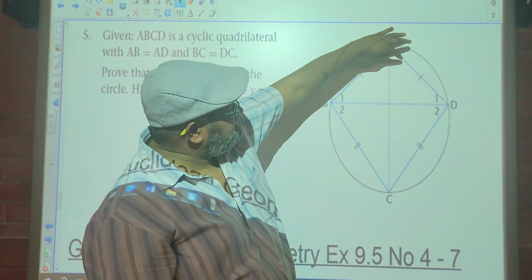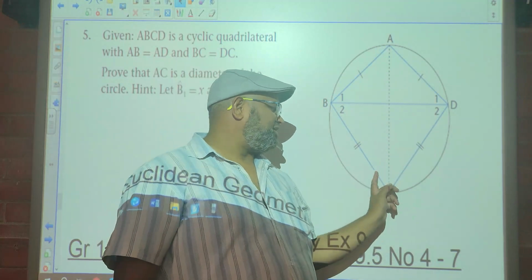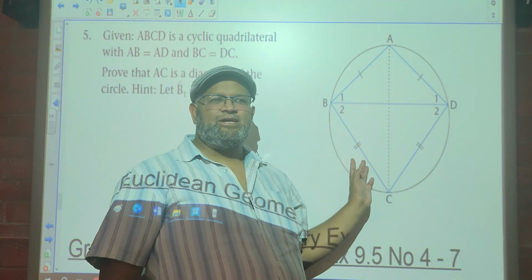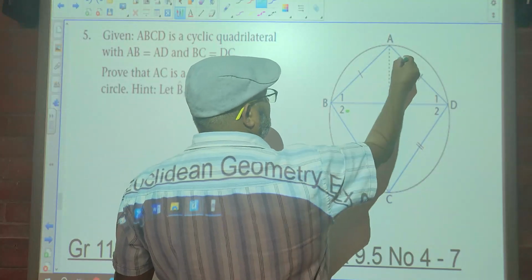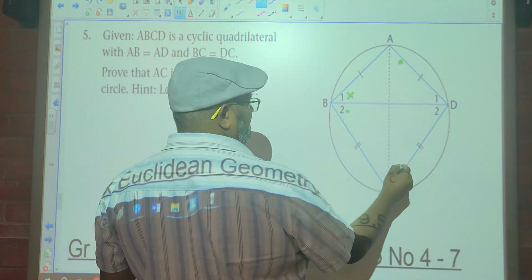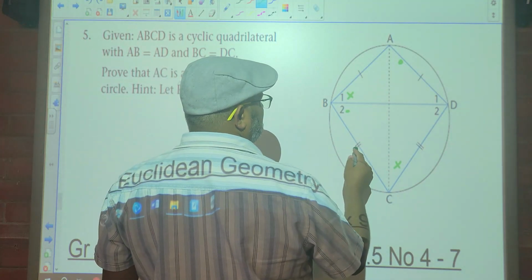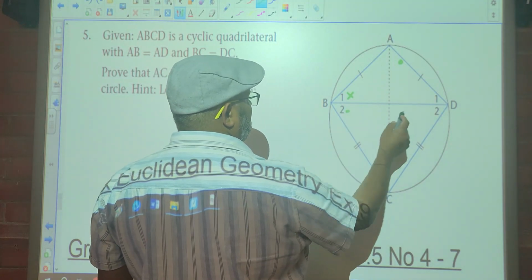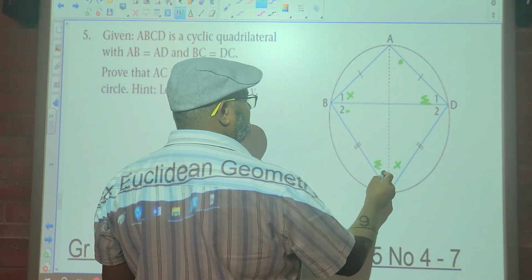We also know that ABD plus BCD is 180, opposite angles of cyclic quad. We can also go with angles in the same segment. Those angles are equal. That one is equal to that. Likewise, this angle here is equal to this one here.